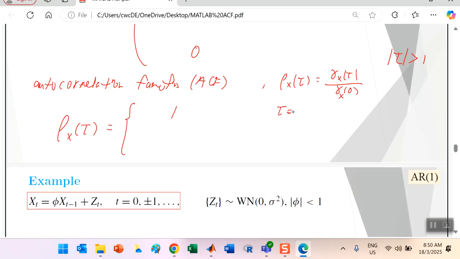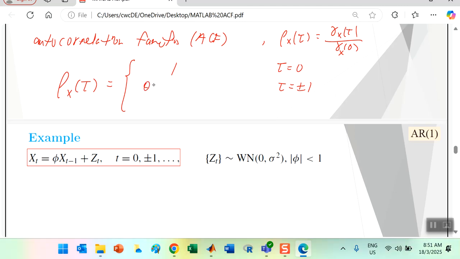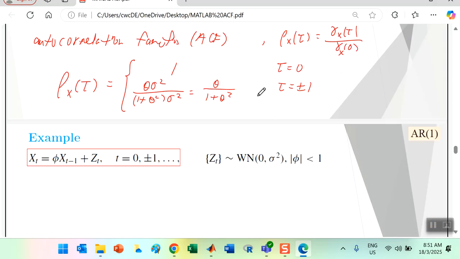For tau plus or minus 1, it is theta sigma squared over 1 plus theta squared sigma squared, which you can rewrite as theta over 1 plus theta squared. For the rest, since all are 0, you get 0.